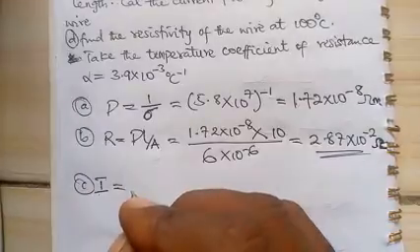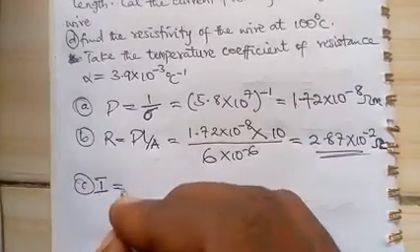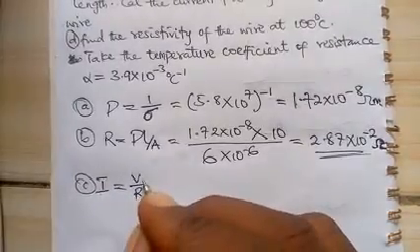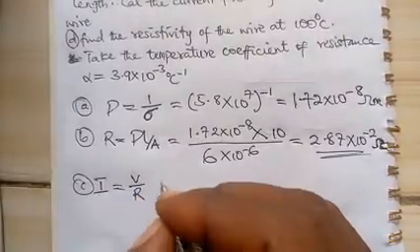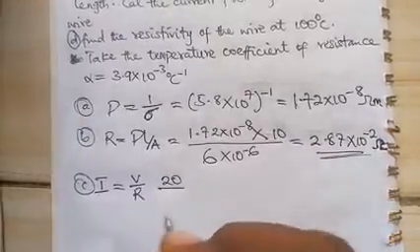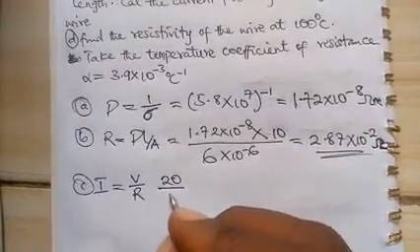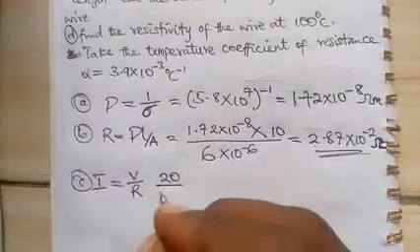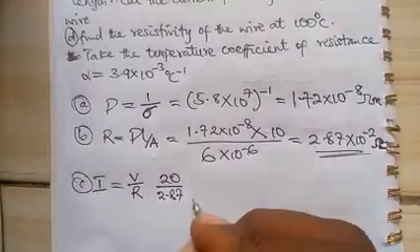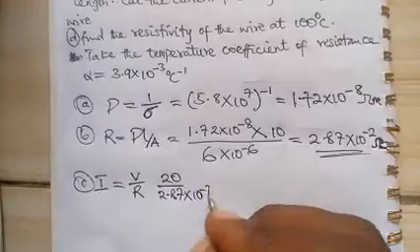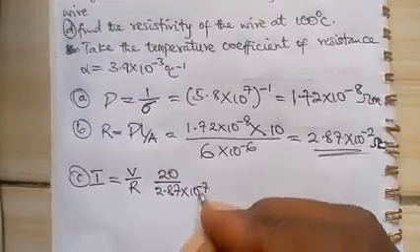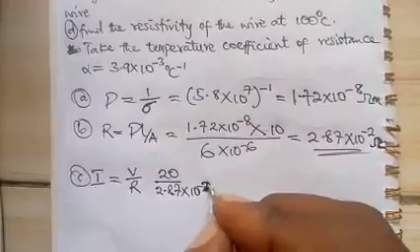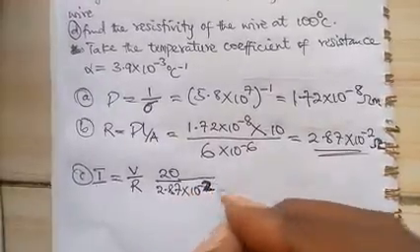If we make I the subject of the formula, I is equal to V over R. They already gave us a potential difference of 20 volts, and the resistance we've already calculated happens to be 2.87 times 10 raised to power minus 2 ohm.